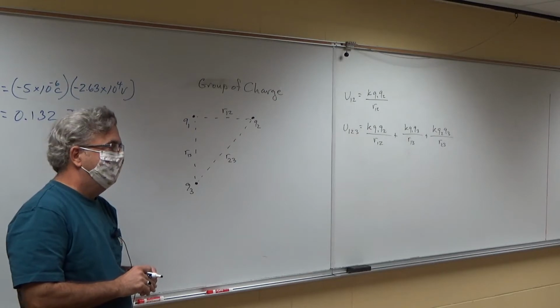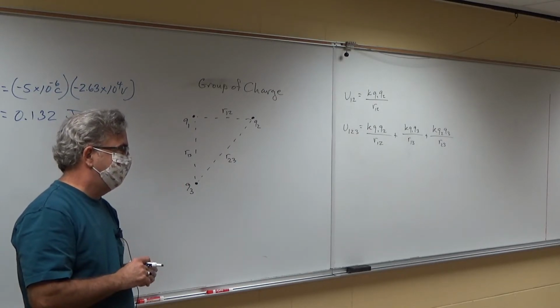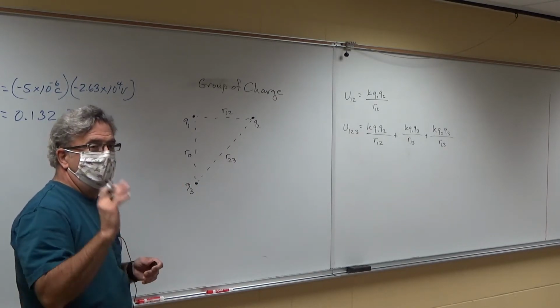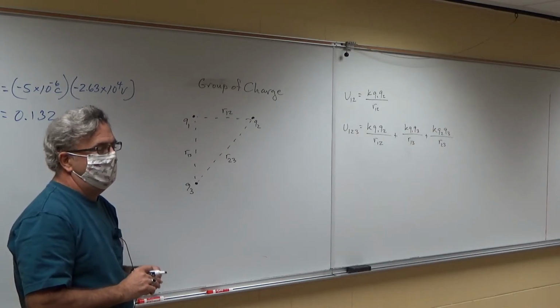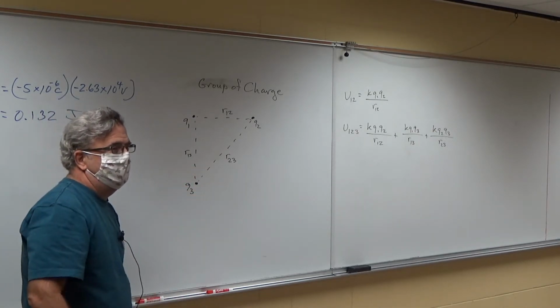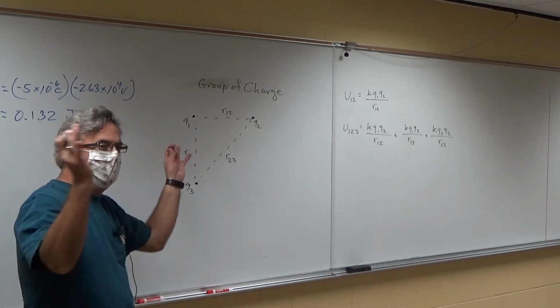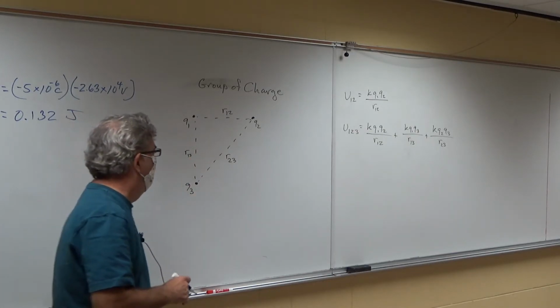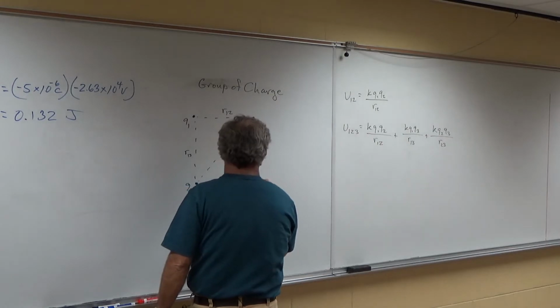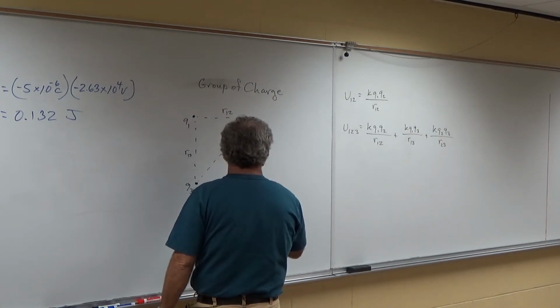Okay. We can keep doing this till the sun gobbles up the earth, but I'll do one more. We can just keep building up this collection. I think you get the idea. So here's Q4.